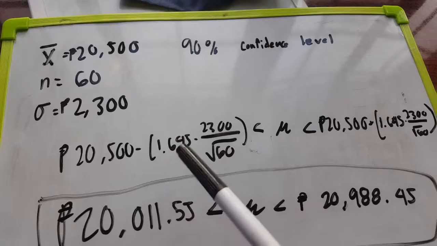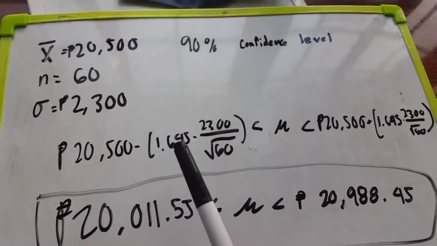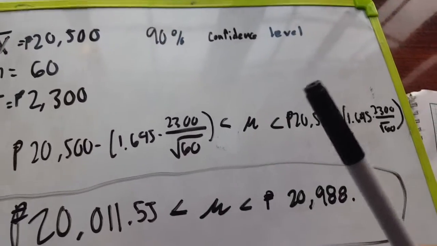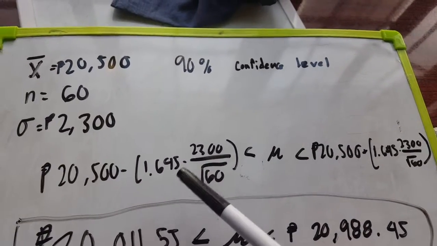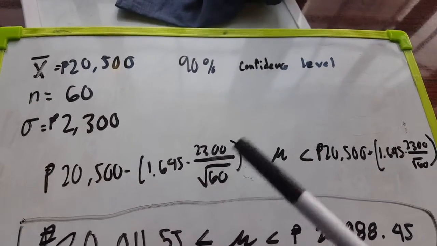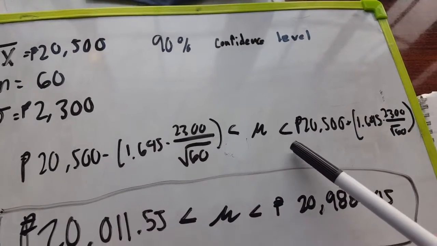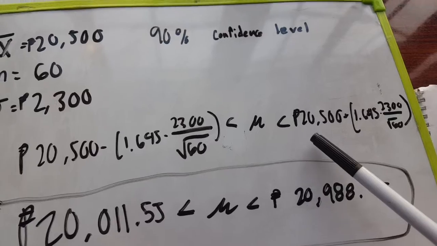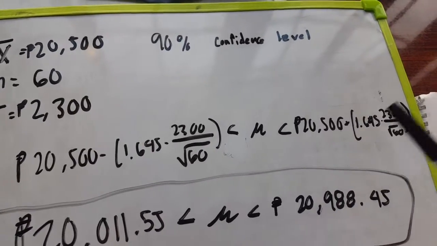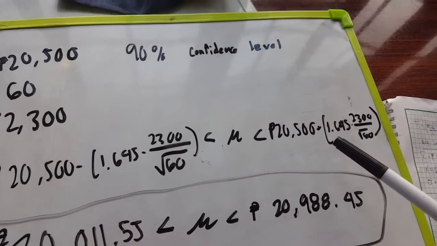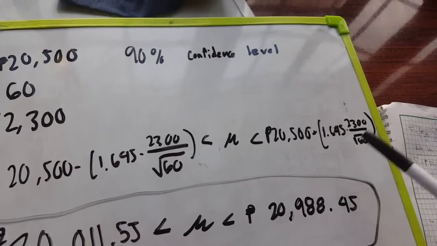If you can recall, there was a 1.645 critical value in the graph, multiplied by the sampling error, less than the population mean, less than the 20,500 pesos, or the sample mean, plus the critical value and the sampling error.